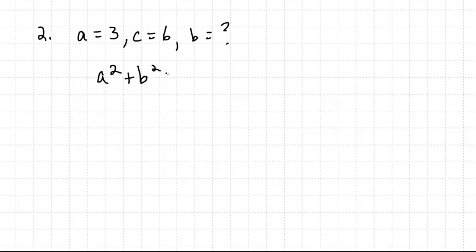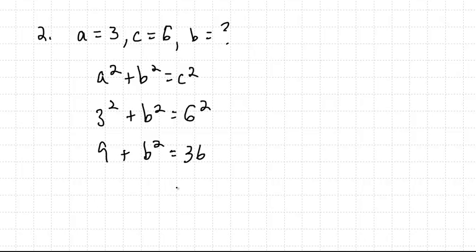In question 2, A is 3. They tell us C equals 6 and ask us to find B. So, A squared plus B squared is equal to C squared. Let me make sure that I'm making my 6's and B's recognizable. 3 squared plus B squared is equal to 6 squared. 9 plus B squared is equal to 36.